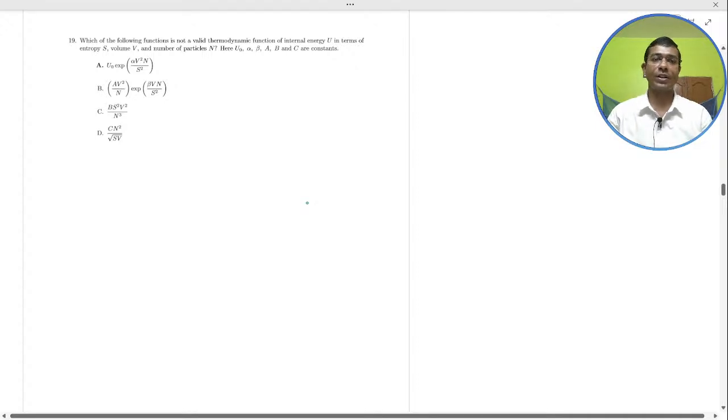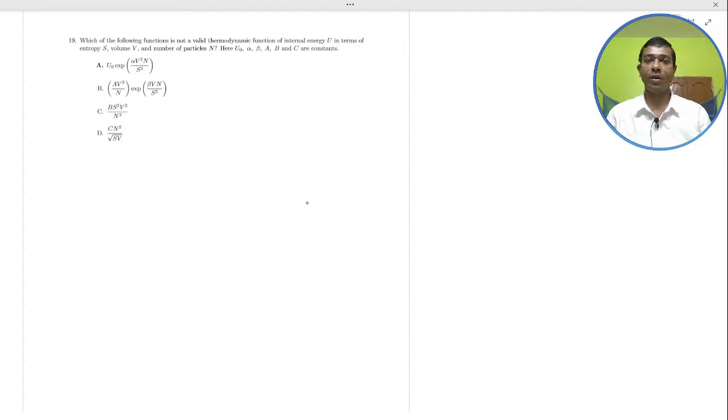which of the following functions is not a valid thermodynamic function of internal energy U in terms of the entropy S, volume V, number of particles N, where U naught, alpha, beta, A, B, C are constants?